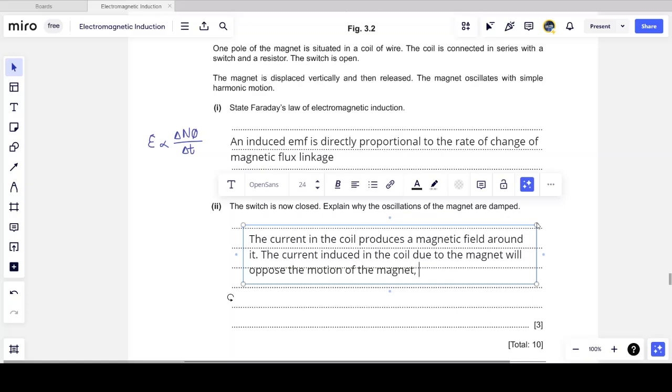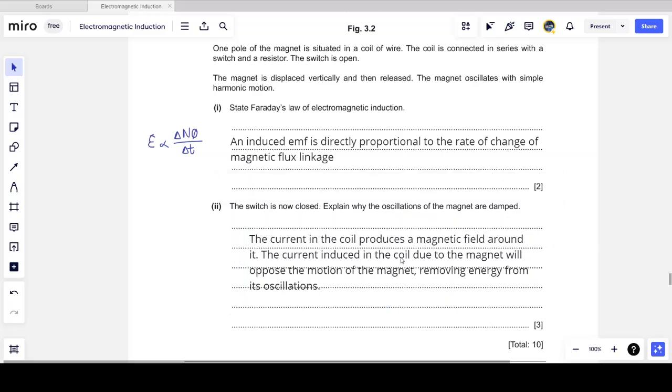And what does it do? If it's going to oppose the motion of the magnet, it's going to remove energy from its oscillations. And so the oscillations will be damped.